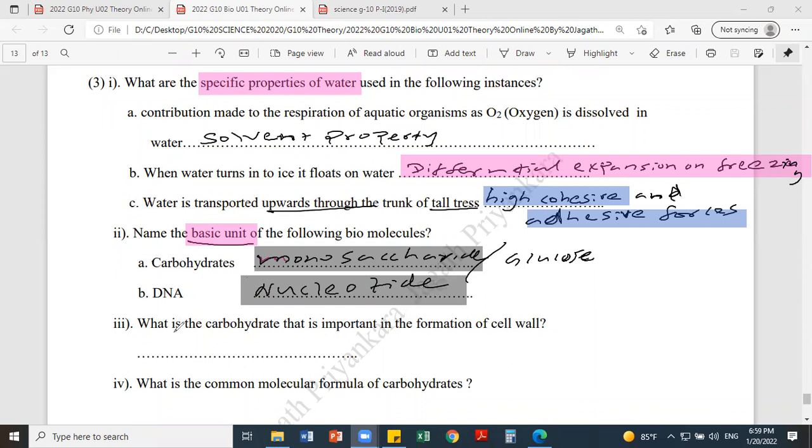Number 3. What is the carbohydrate important for the formation of cell wall? Cell wall is made of which carbohydrate? Yes. Vatika? Suhana? Cellulose.